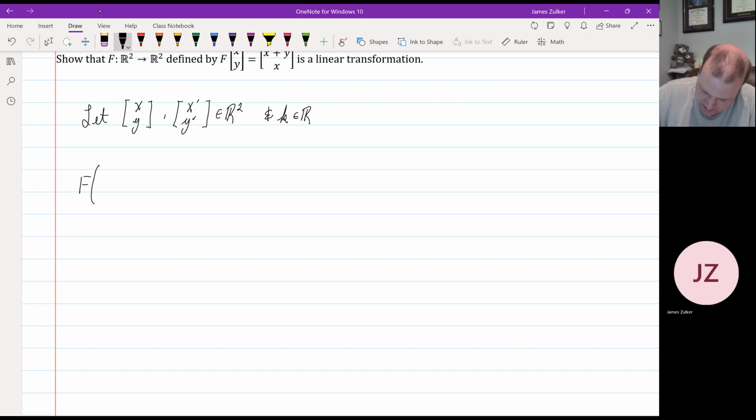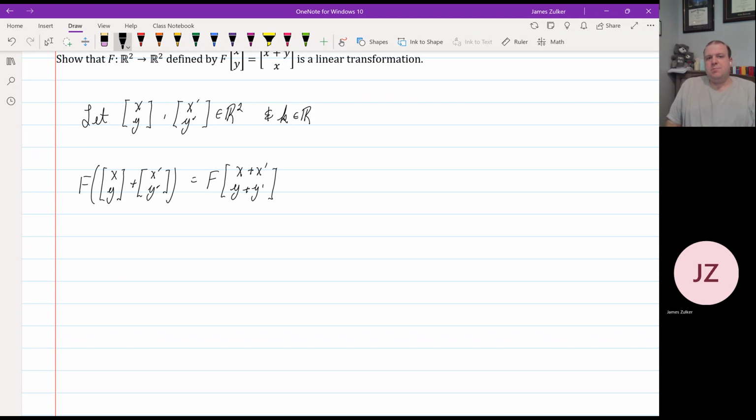So what we're looking at is f of (x, y) plus (x prime, y prime). Well, by definition, this is f of (x plus x prime, y plus y prime).